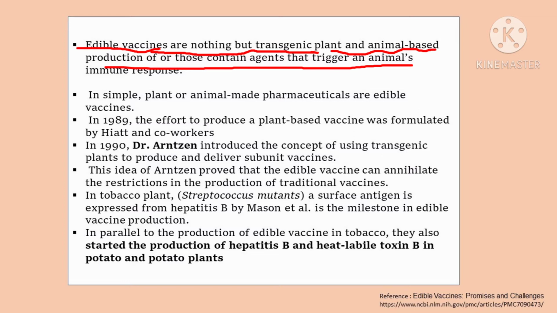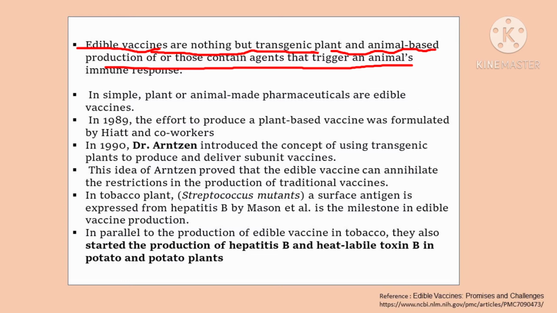In 1990, Dr. Arntzen introduced the concept of using transgenic plants to produce and deliver subunit vaccines. So this idea proved that edible vaccines can overcome the restrictions in the production of traditional vaccines.